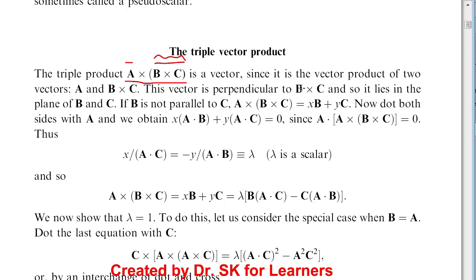This vector is perpendicular to B cross C, and so it lies on the plane of B and C. But B is not parallel to C. If they are parallel, you will get sine 0, which will make this term 0. So if they are not parallel, you will get the output like this.